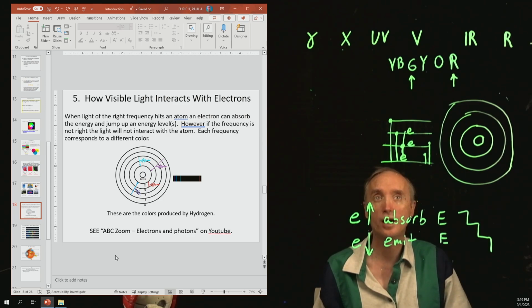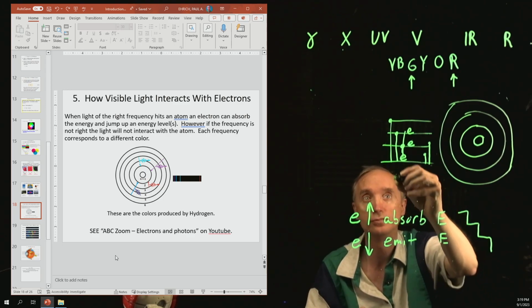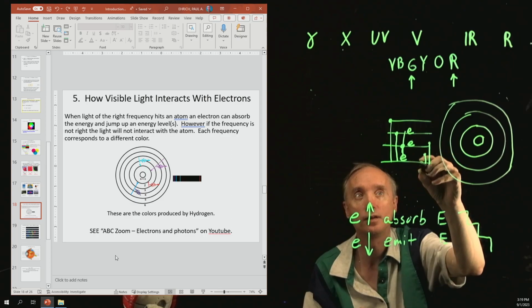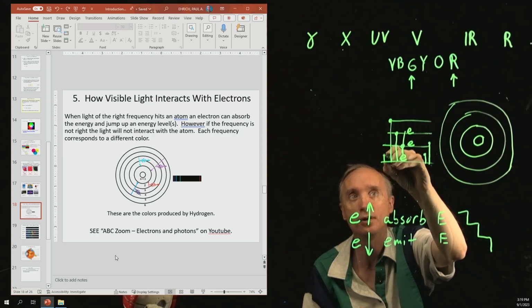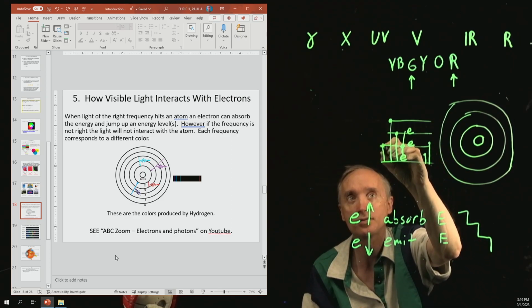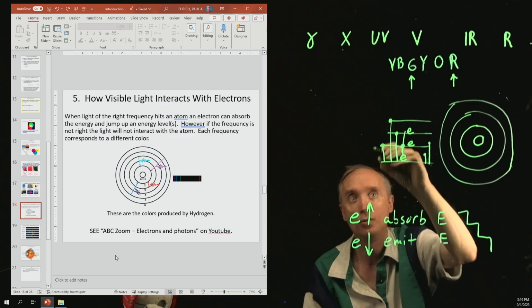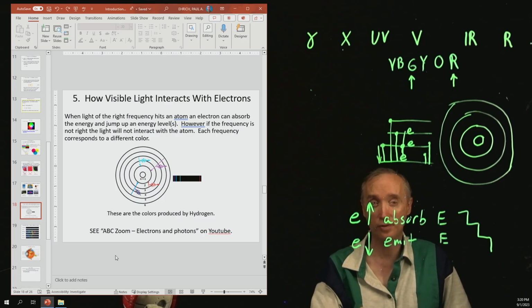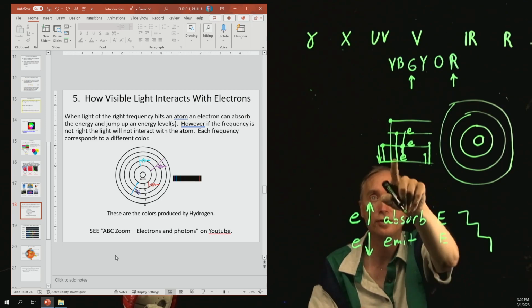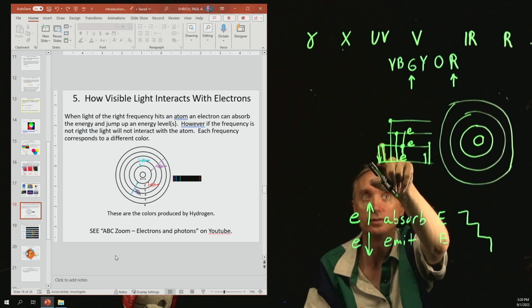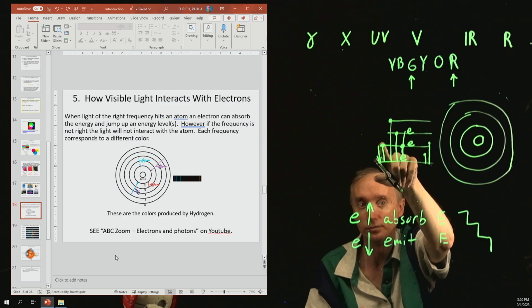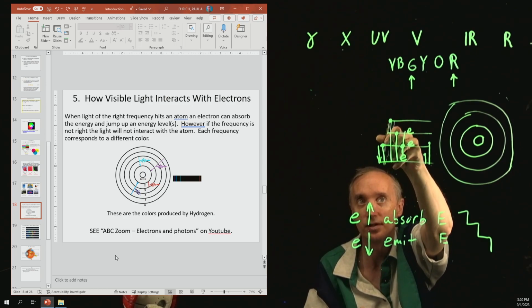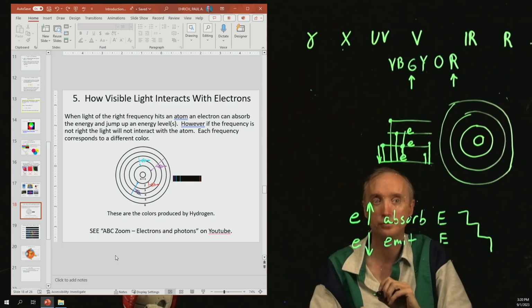Now when it comes back down, let's say that the electron jumps up to here, and that takes a certain amount of energy. When it jumps back down, how much energy do you think it gives off? Exactly the same amount. Whatever energy went into it in order to raise it up one, that same energy is going to come out when it comes back down.